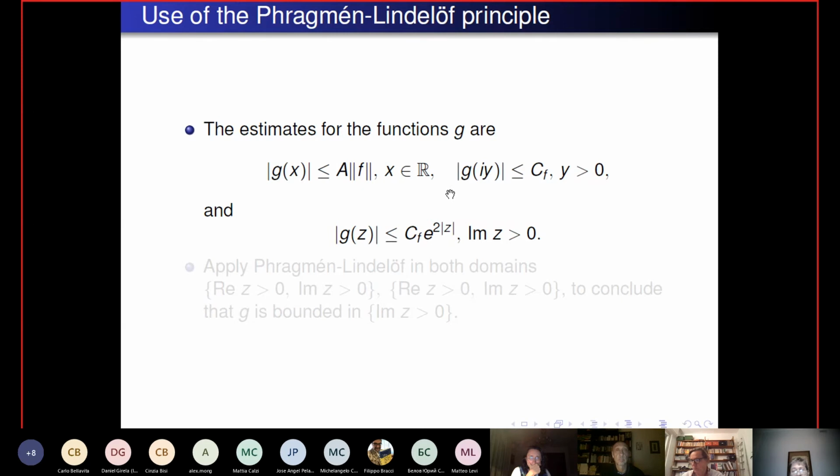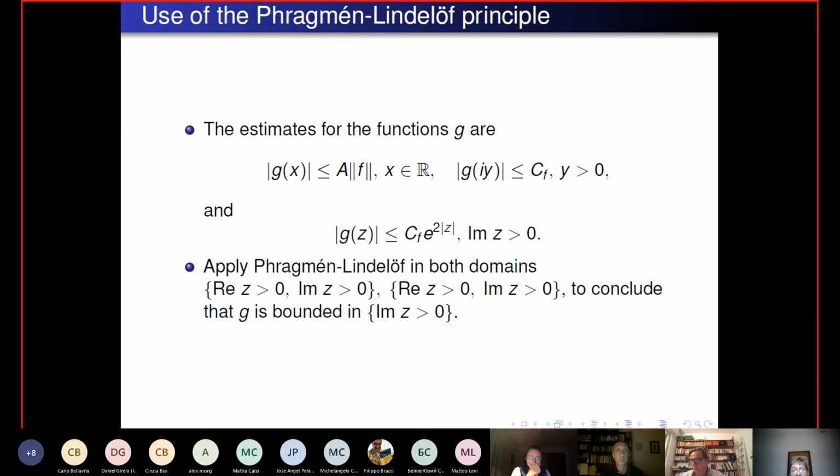And now here is a trick, which actually Håkan was very good with, and he suggested it. You divide the upper half plane in two quadrants, right? The positive real part, the negative real part, and apply Phragmén-Lindelöf. So on the sides of each angle of pi half, the function is bounded, it is continuous in the whole thing, and inside you have such an estimate.